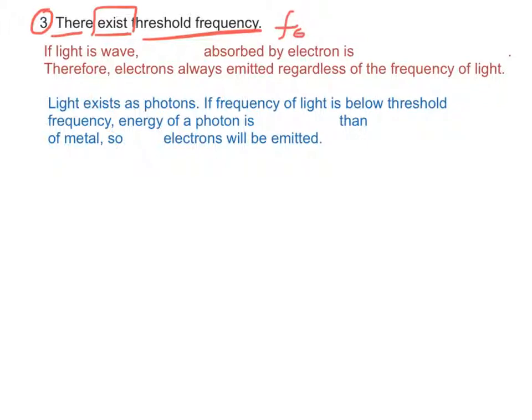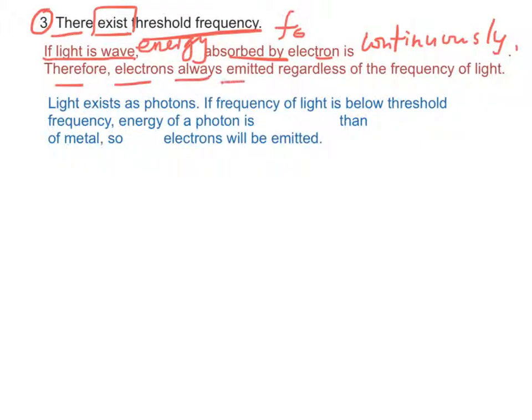If light is a wave, the energy absorbed by the electrons is continuous. Therefore, electrons would always be emitted regardless of the frequency of the light.